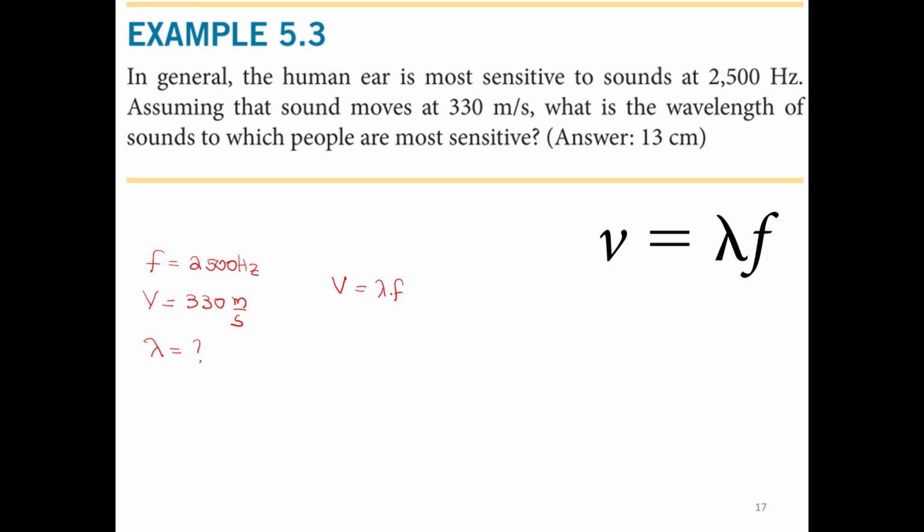Yes, any wave. We know the frequency, we know the speed, no problem with the units because we know hertz means 1/second. Then we can solve for the wavelength when we divide by the frequency on both sides, and we will have the wavelength equals the velocity or the speed over the frequency.